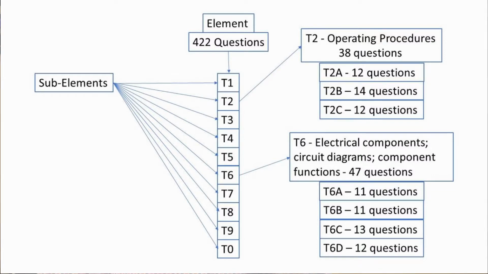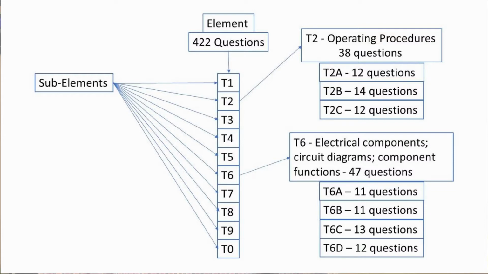All right? Now, for example, sub-element T2 deals with operating procedures. That sub-element is divided into 3 groups of questions that deal with operating procedure topics. Sub-element T6 deals with electrical components, circuit diagrams, component functions, and it is divided into 4 groups of questions.